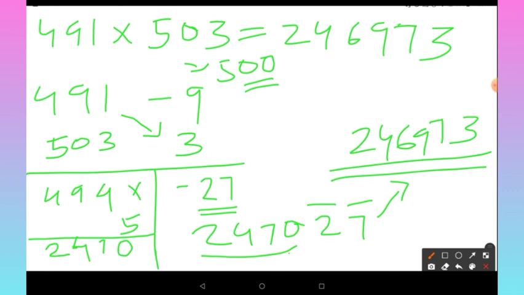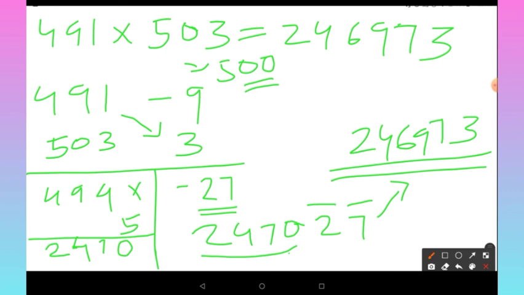So based on that base, you represent the number and deviation. And then the left side, we will write as n1 plus d2 or n2 plus d1. 491 plus 3 or 503 plus minus 9.